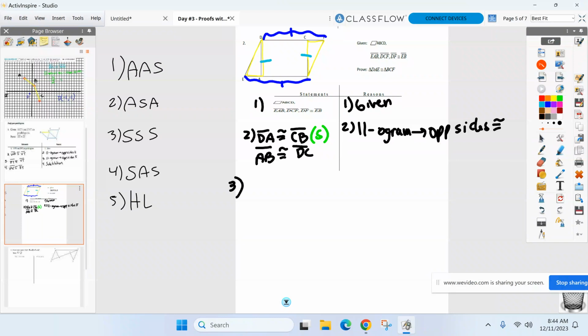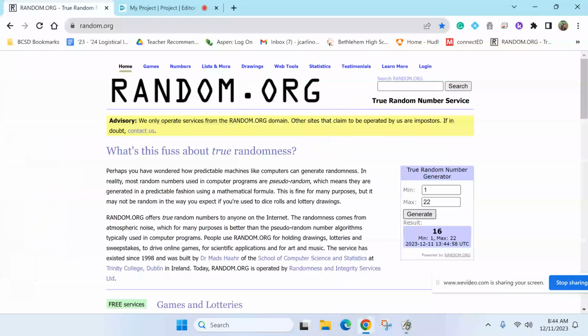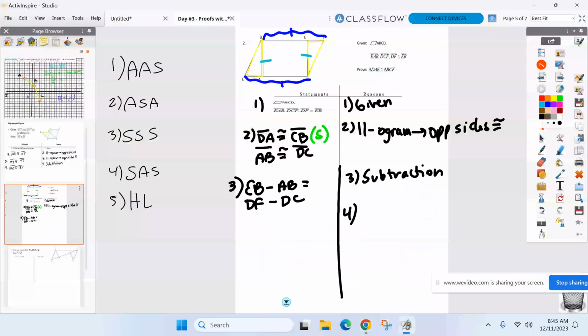So let's subtract them. EB minus AB equals DF minus DC. Subtraction. Yep. I just wrote down subtraction, so we know our next step's automatically a what step here, Bryson?